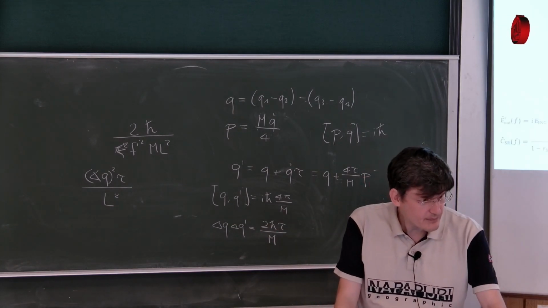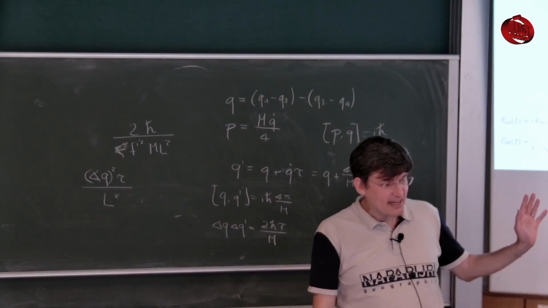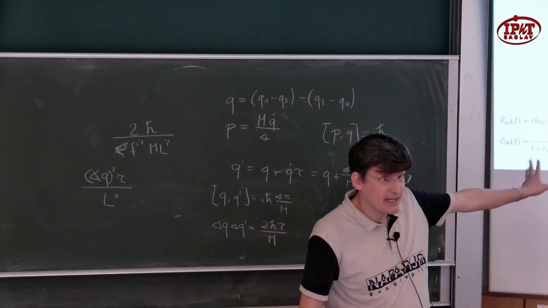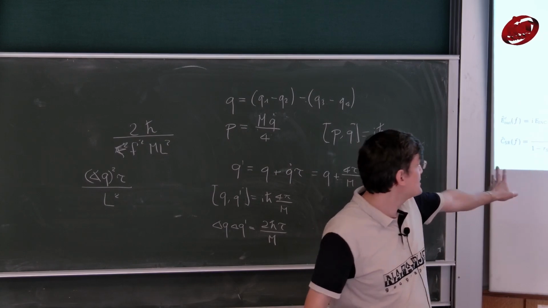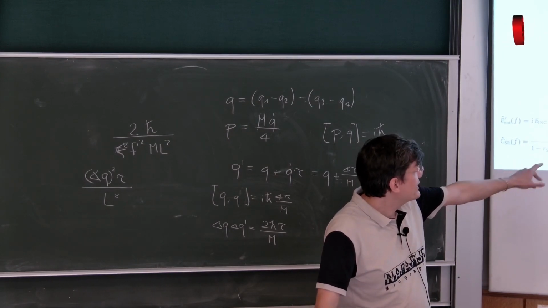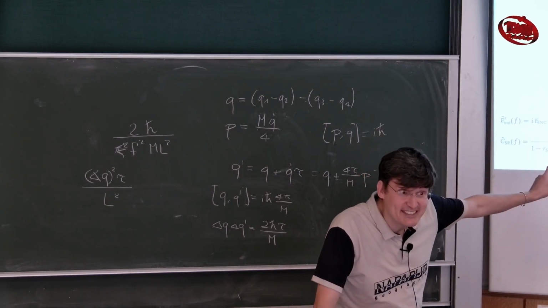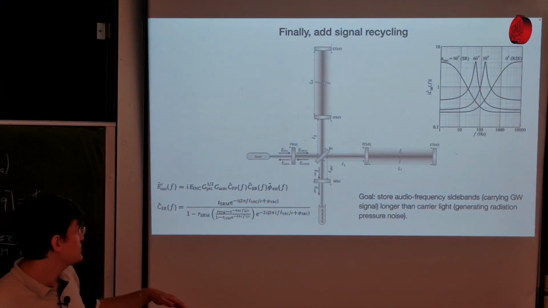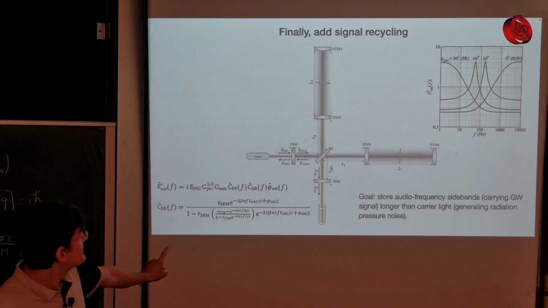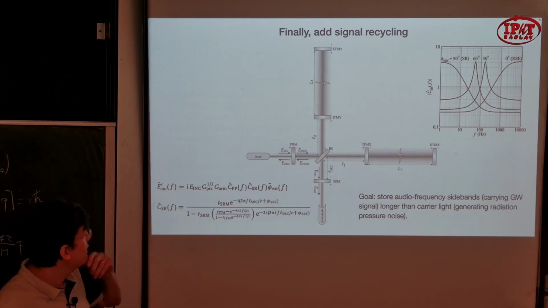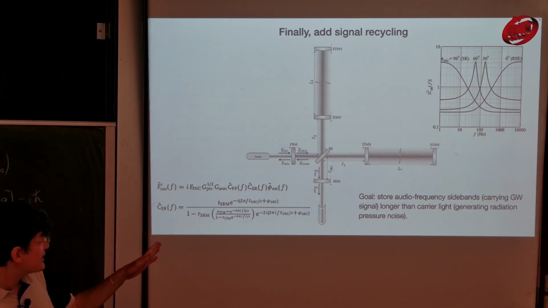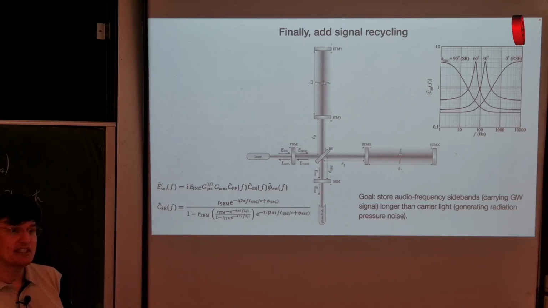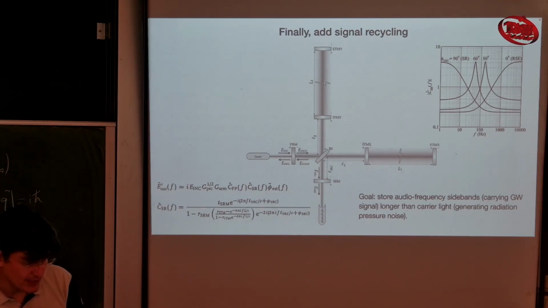And finally, signal recycling. This is the one that's most complicated, and I didn't even try to cover it well. But the idea is you add yet another resonant cavity, this time at the output of your detector going into the photodiode. And the idea is that not only you try to create a resonance, but you try to create a resonance that's frequency dependent. So that's what's shown there at the top.